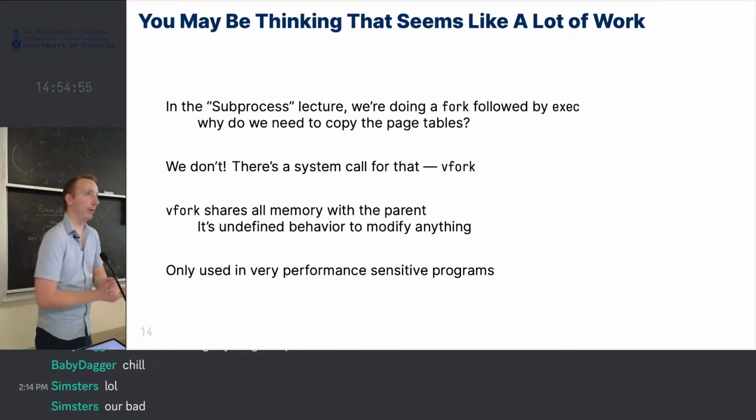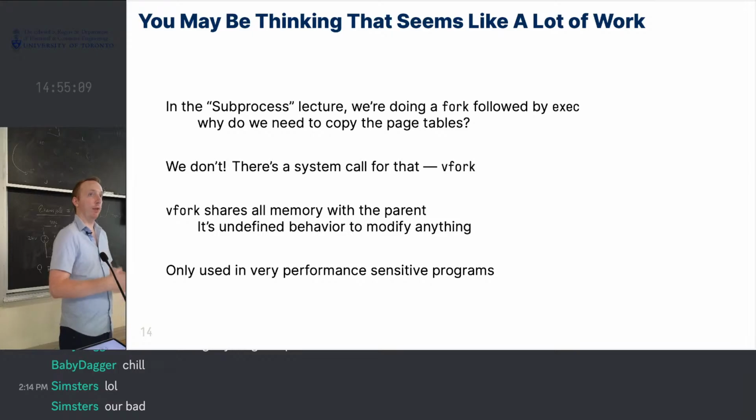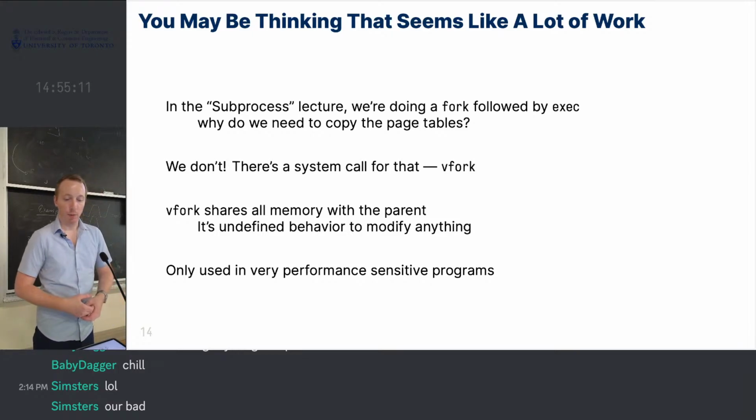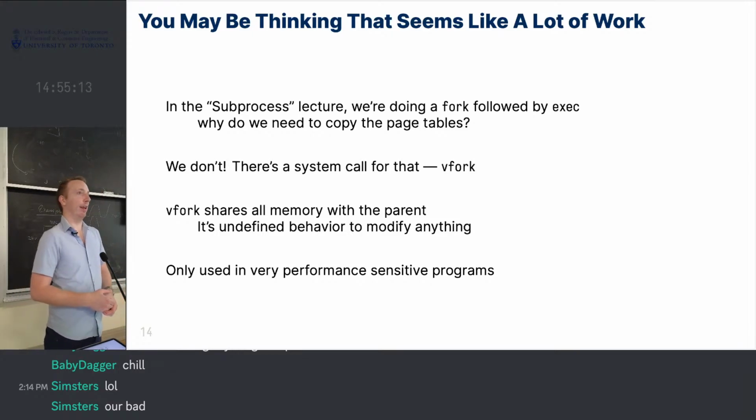All right, so you also might be thinking it seems like a lot of work. Like in our sub-process lecture, we did fork followed by exec, and one of your questions might be, why do I have to even copy the page table if I'm immediately starting to execute a new program? Well, there is a system call called vfork that will leave the page table alone and not copy it.